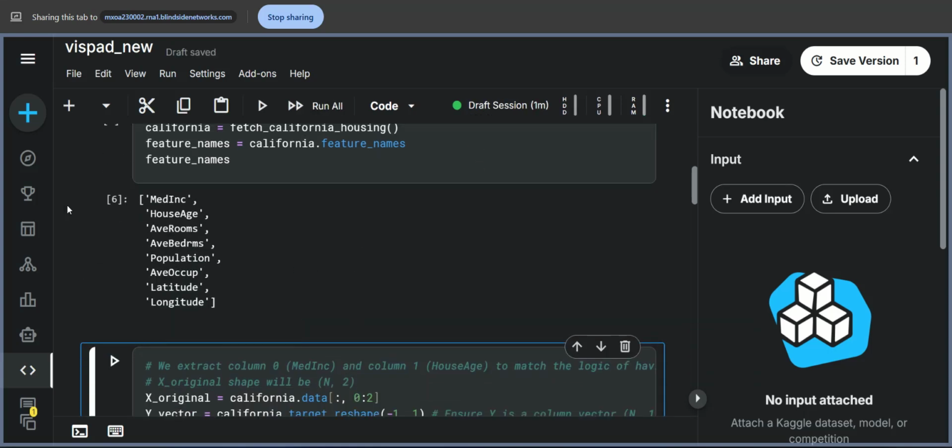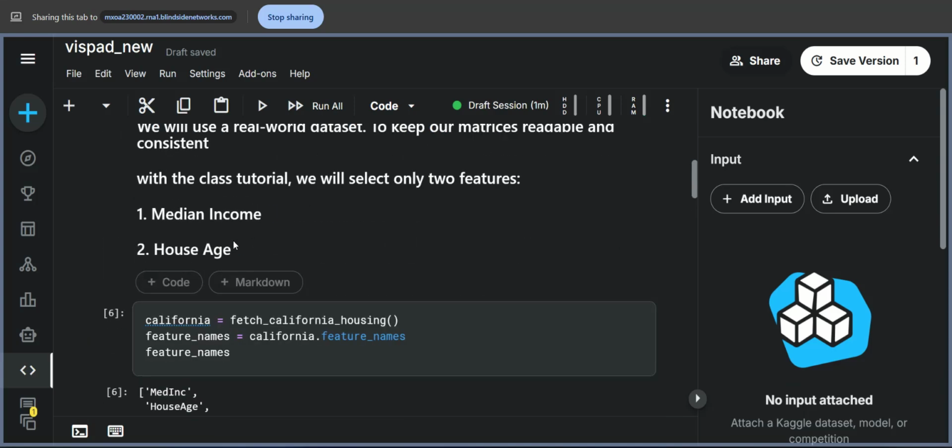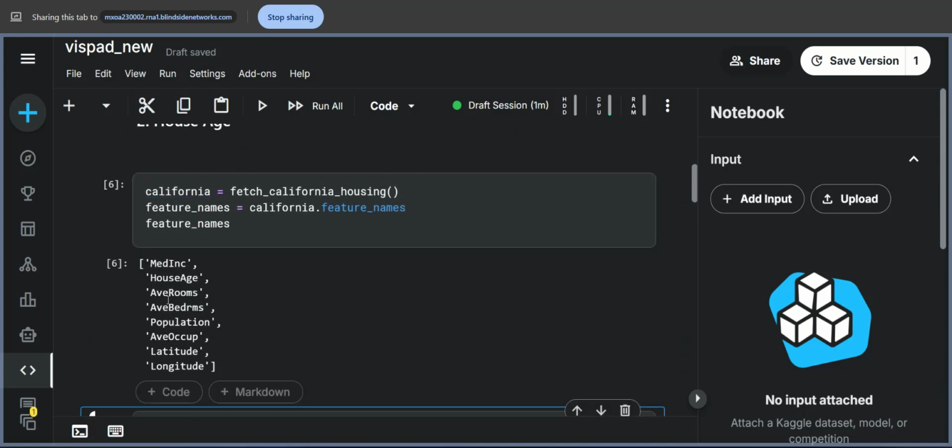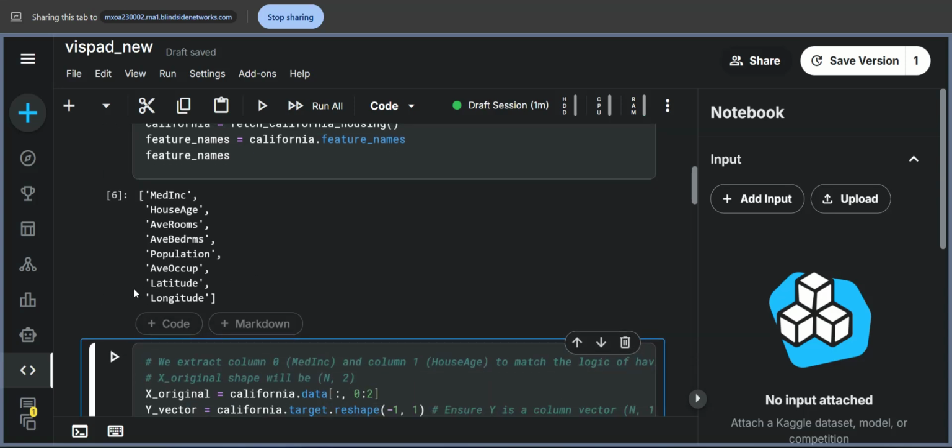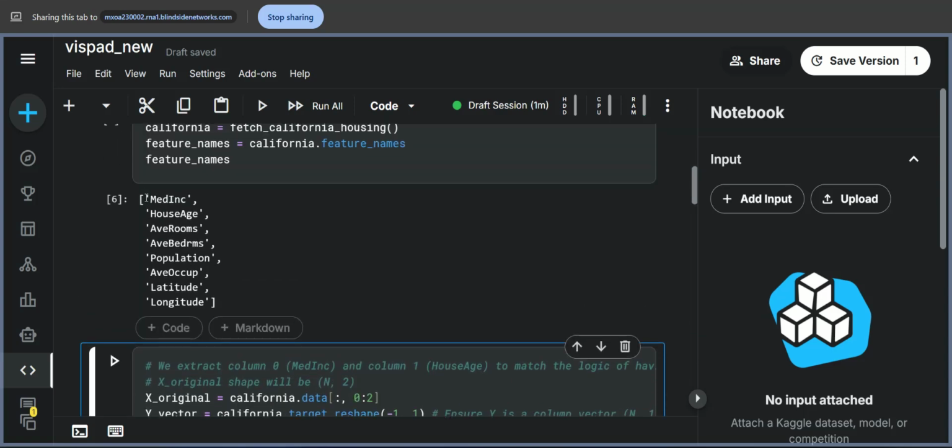If you check the list, we have the median income, the house age, the average rooms, the average bedrooms, the population, the average occupation of the people over there, the latitude, and the longitude, right? We are going to pick the first two features.